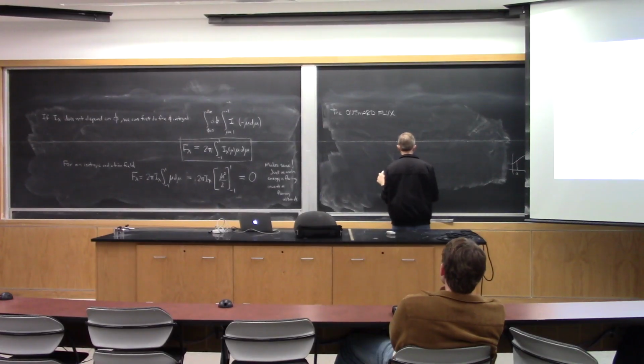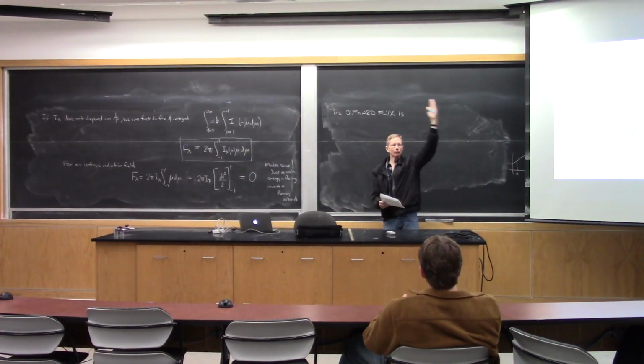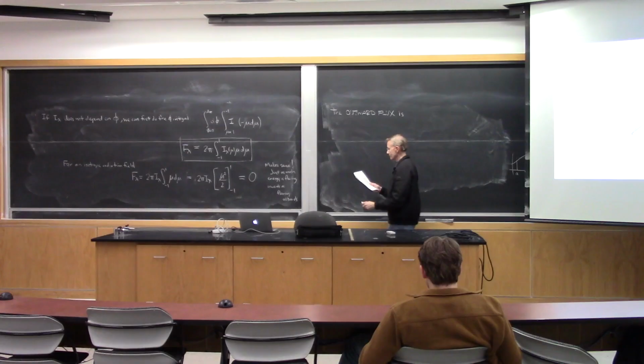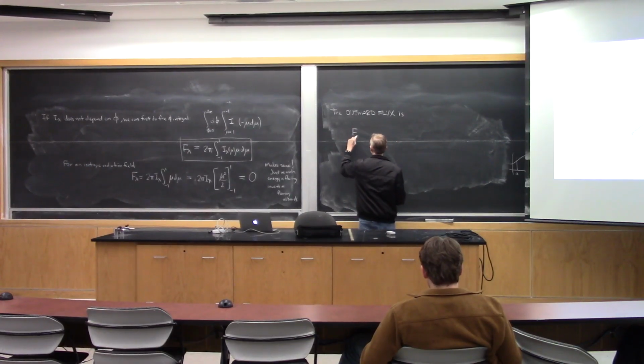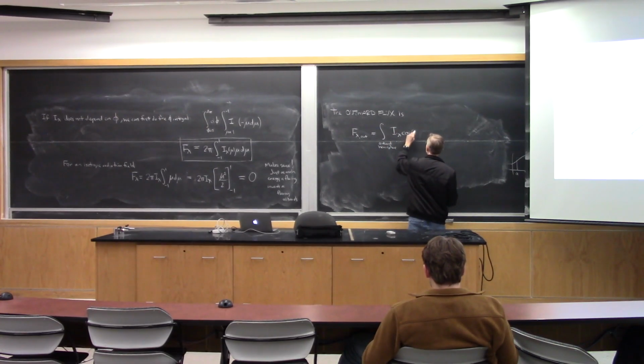The outward flux is where I only look at the outward hemisphere, so to speak. I'm only integrating over directions outwards. So F lambda out would be the integral over the outward hemisphere of I lambda cos theta d omega.